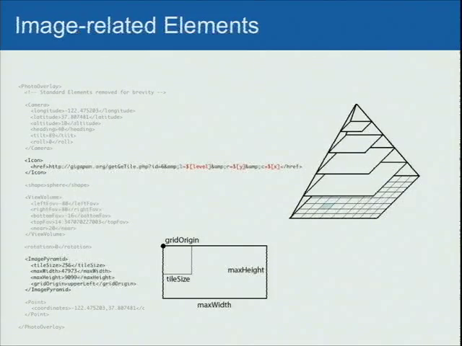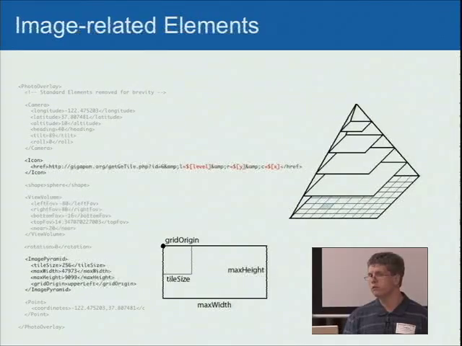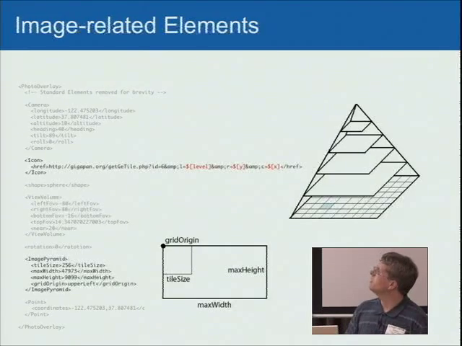It's not really an icon per se, but basically a URL, a specially formulated URL that has certain tags in it that say, okay, Google Earth, when you're going to fetch a certain tile in my image pyramid, you should interpolate these values within the URL to get the real URL to my image.